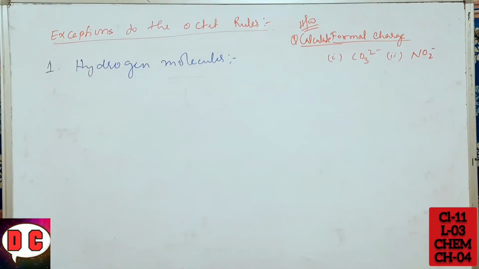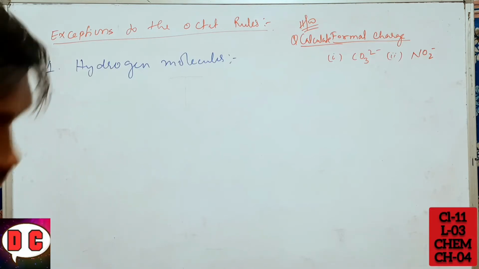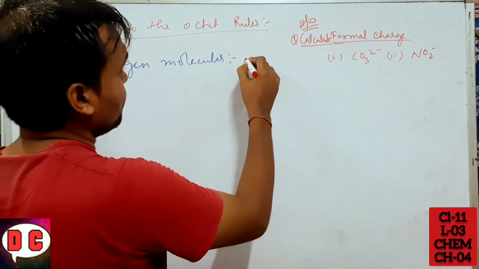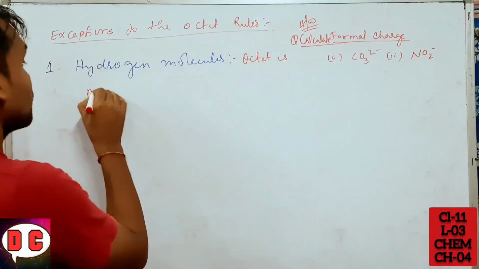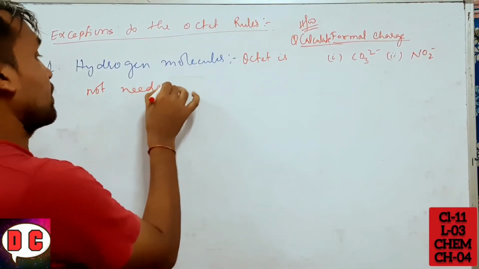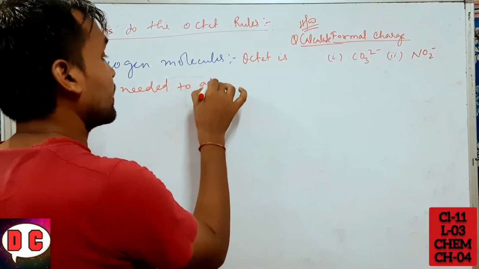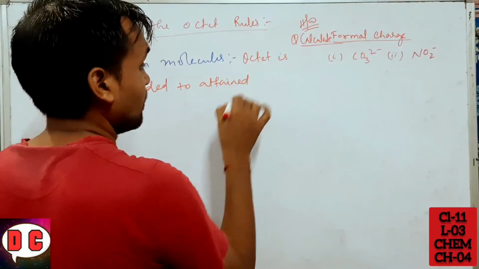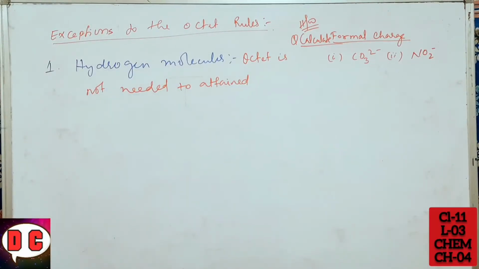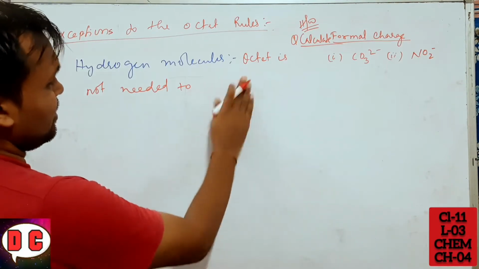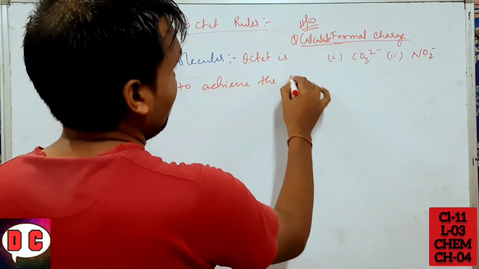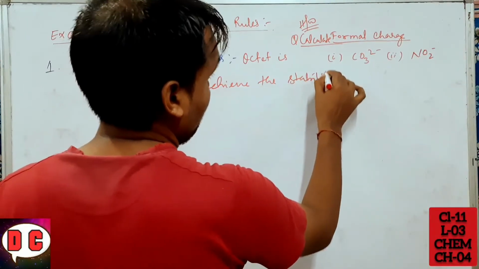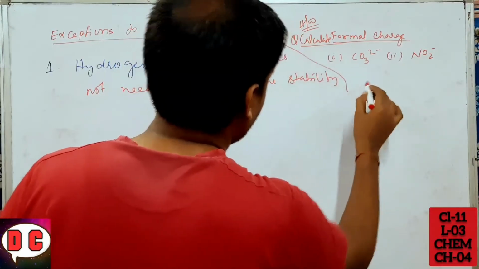Okay, dear students? So in the case of hydrogen molecules, the octet rule is not needed to achieve stability. This was the exception made here.